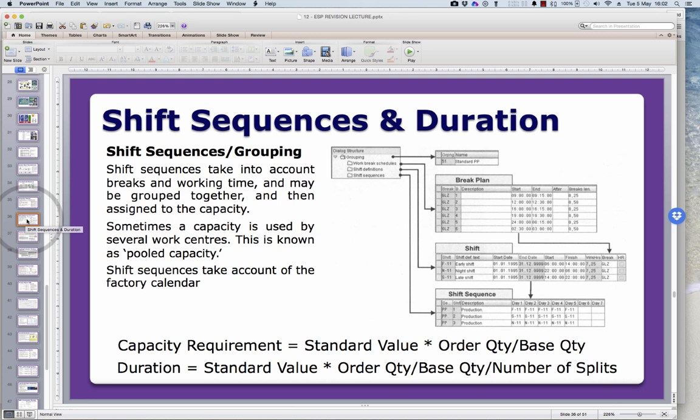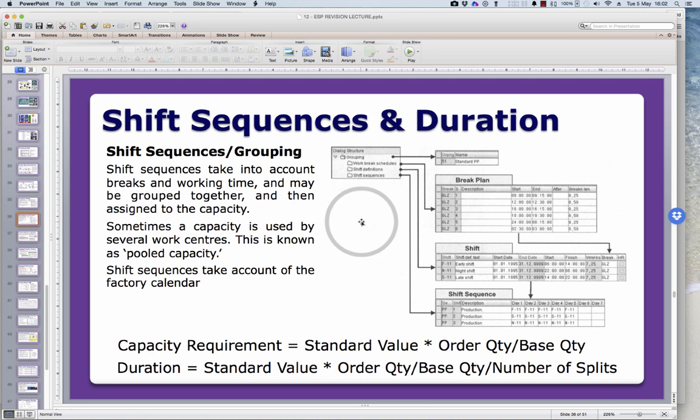So shift sequences are, you tell the ERP system how many people it can have to work on things today. So there might be an early shift, there might be a night shift, there might be a late shift, when they start and stop, who's doing what. So these shift sequences you can bring on and off, and you could have an overtime shift sequence, and that allows you to work out what your capacity is.